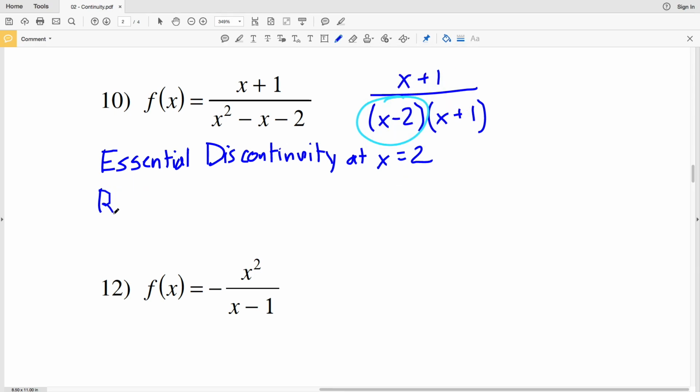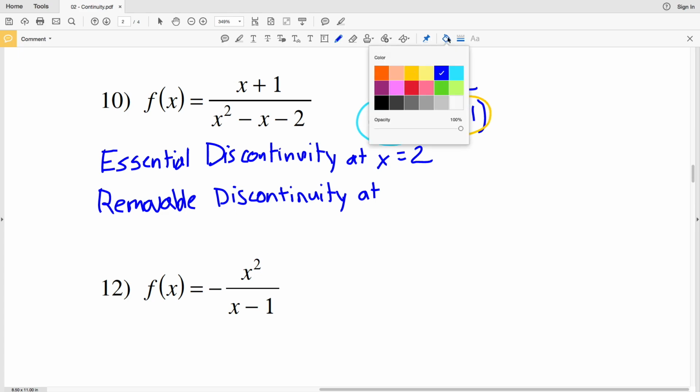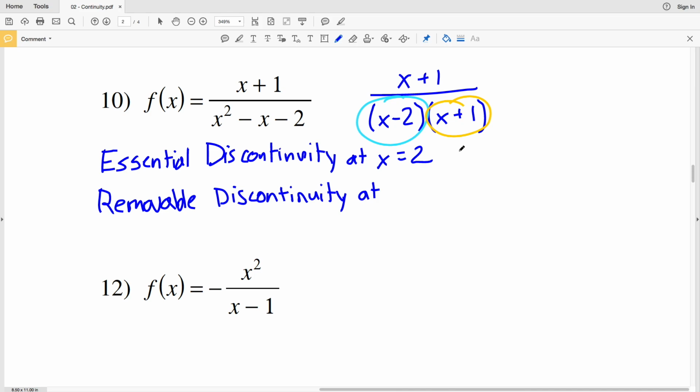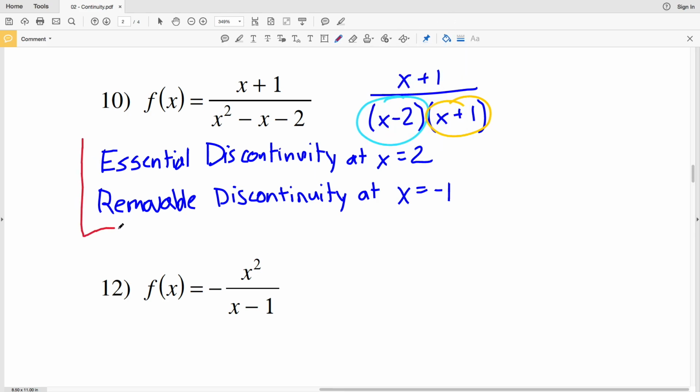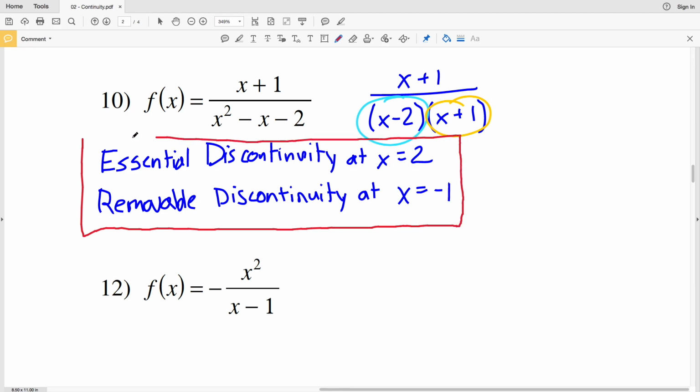So then we will have a removable discontinuity at, well, we need to see when x plus 1 equals 0, and x plus 1 equals 0 when x is equal to negative 1. So that's a removable discontinuity at x equals negative 1. So number 10 is a great example of where we have an essential discontinuity and a removable discontinuity. Essential at x equals 2 and removable at x equals negative 1.